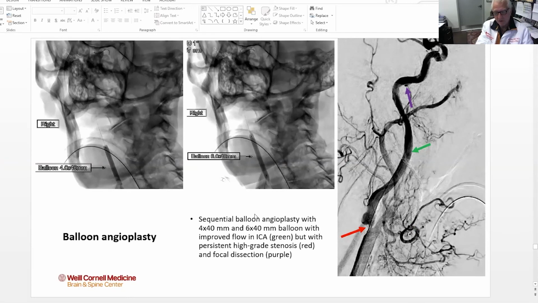After this, the patient underwent an embolectomy. To do the embolectomy, they have to do balloon angioplasty, which improves the flow in the internal carotid artery. But you can still see that there was this local dissection here at the origin of the internal carotid artery.